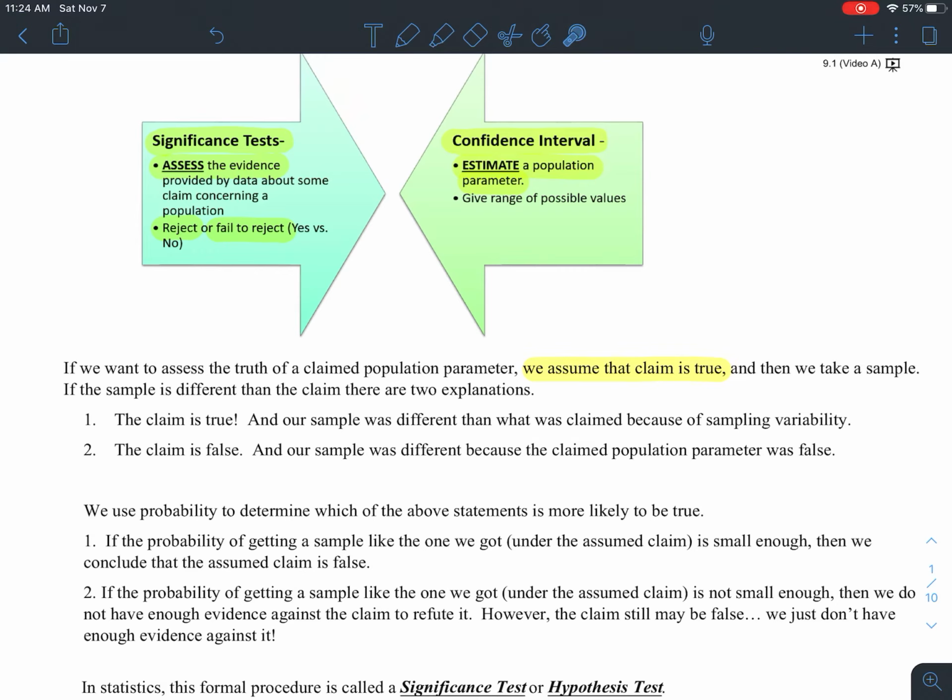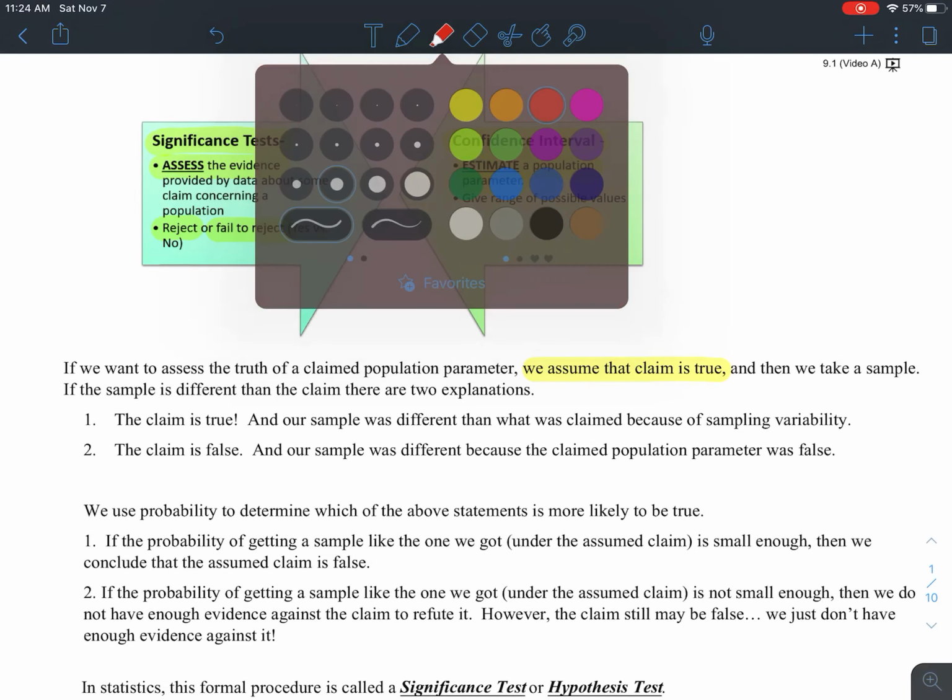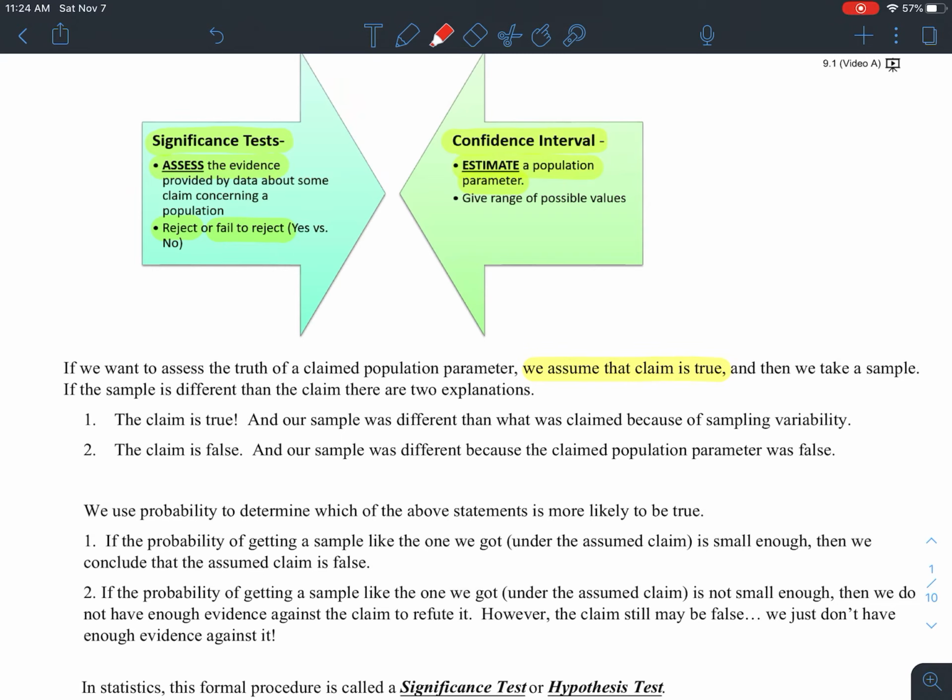And then the process is we gather a sample, and if the sample that we gather feels different from the claim that's being made, there is essentially one of two explanations for that difference. Option number one is, no, the claim that was made is actually true. The reason that our sample is appearing different than what was claimed is just merely due to sampling variability.